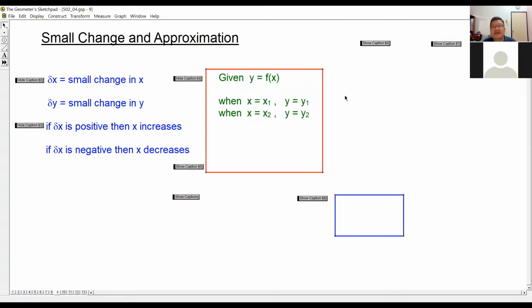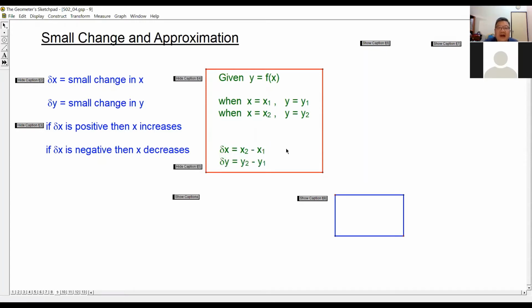Then when I substitute x with x2, another number, the corresponding value of y that I get is y2. So x1 and y1 are the initial values of x and y. Now, x2 and y2 are the final values of x and y.